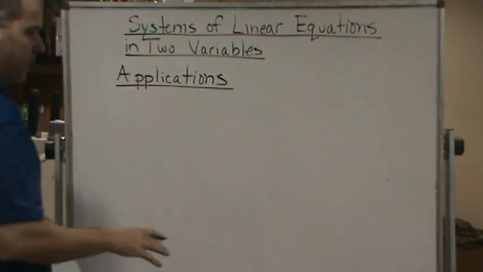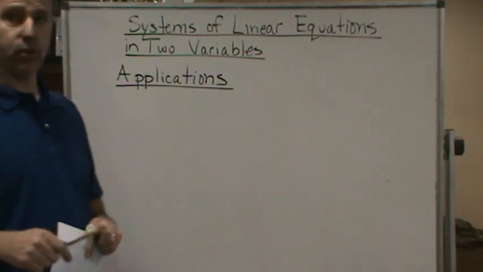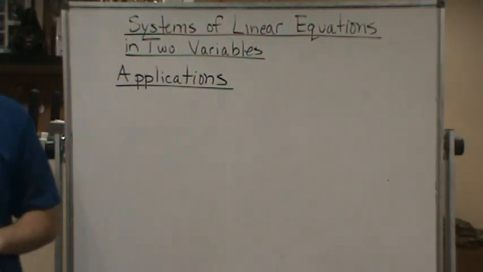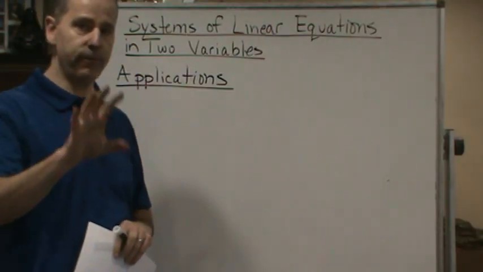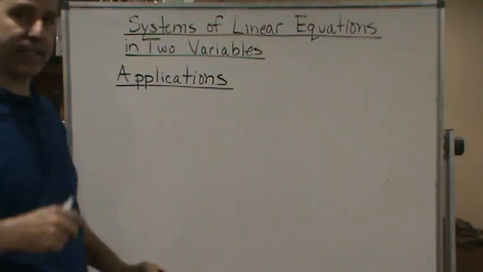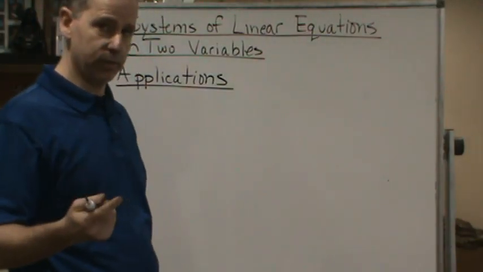So they've got to mix the two solutions in order to come up with a 15% solution that they can use. And on top of that, they want 50 liters, right? Okay, so here's where we're going to have to set up a system of equations.